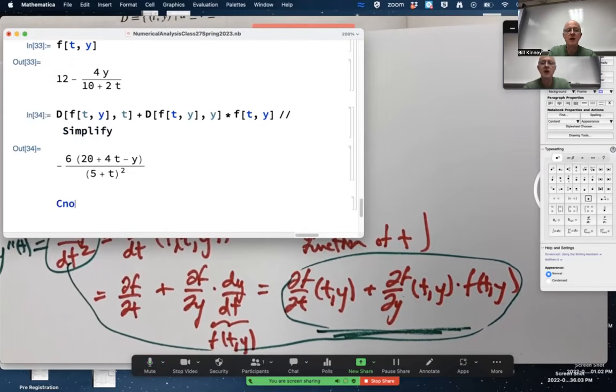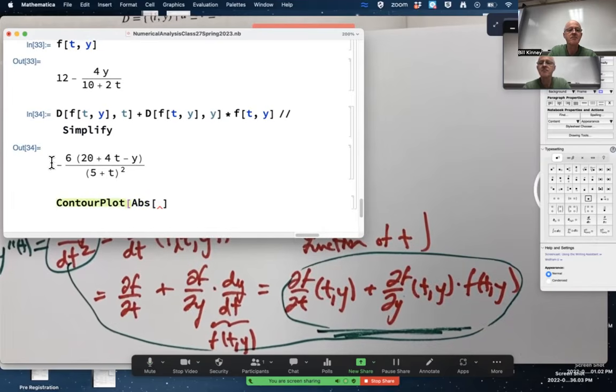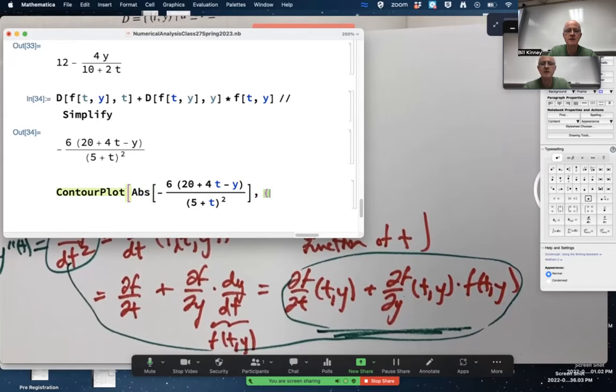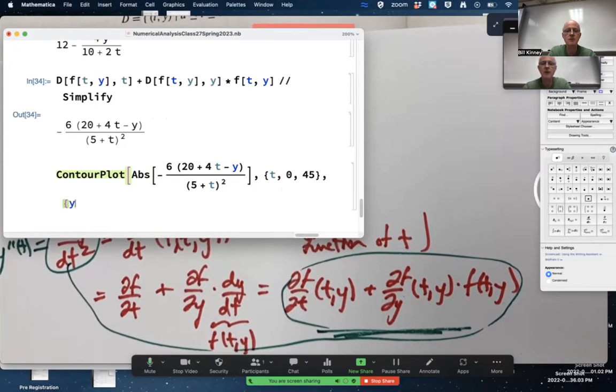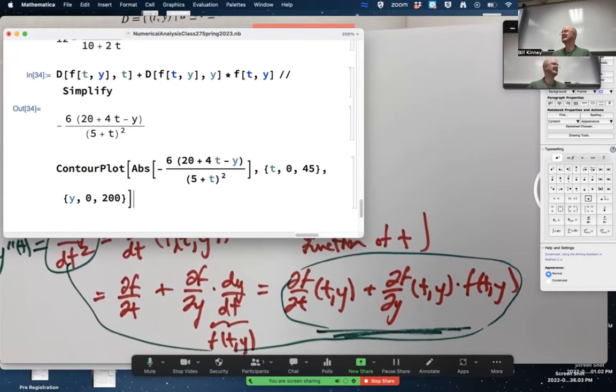Let's just make a contour plot of the absolute value of this, over the rectangle of interest, t goes from 0 to 45, y goes from 0 to 200. My guess, without entering this yet, is that the value of this multivariable calculus function over this rectangle is going to get pretty big, and so the M we would have to use would be pretty big.